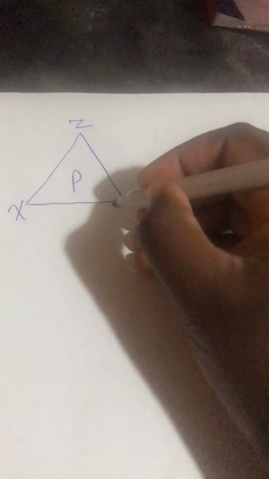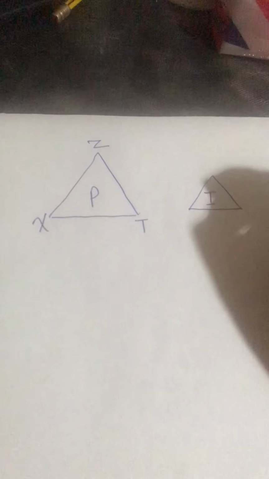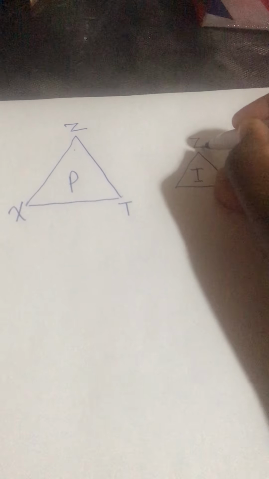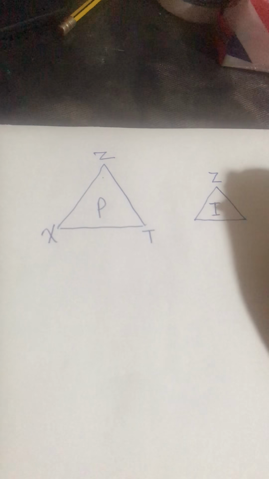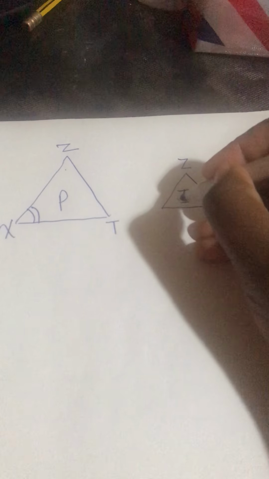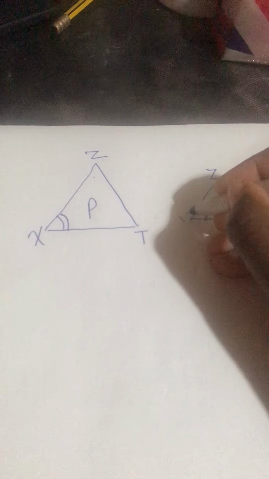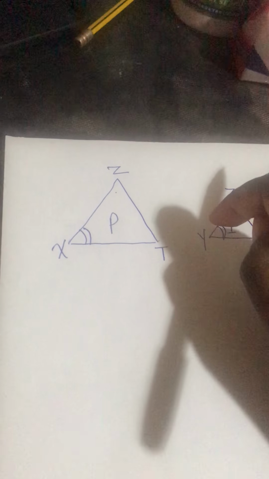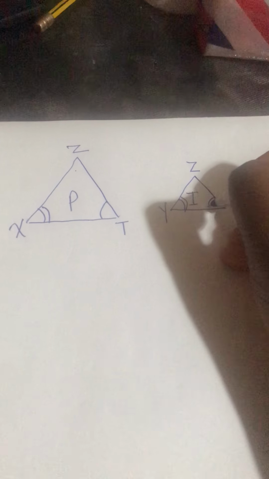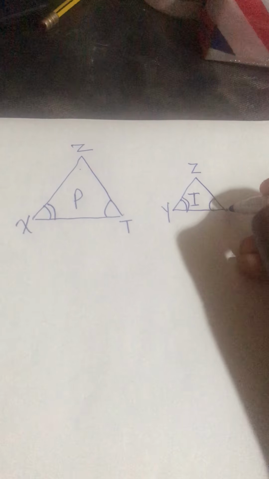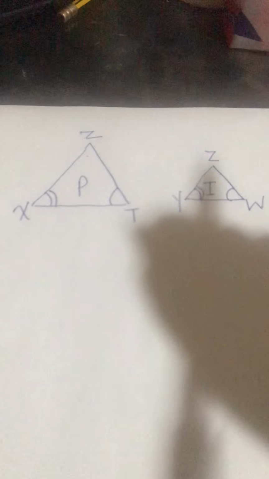And then you have Z over here. You have X and you have T. Okay? Z does not have an arc. So Z also over here does not have an arc. X has 2 arcs. The corresponding with X is Y. So I will put Y here. Okay? W goes with T. 1 arc, 1 arc. So this is W. Up to there, you should be correct.